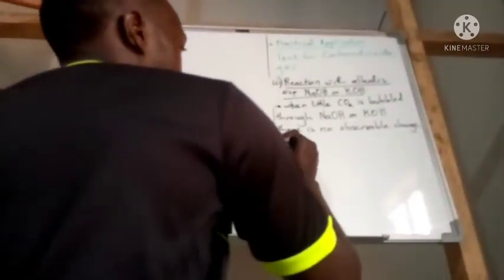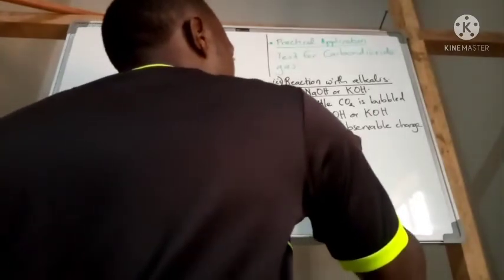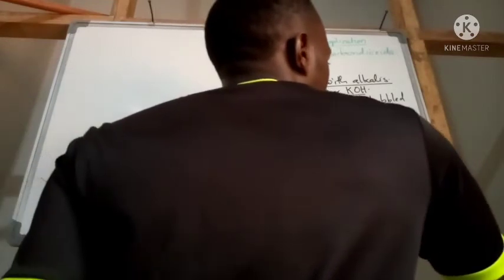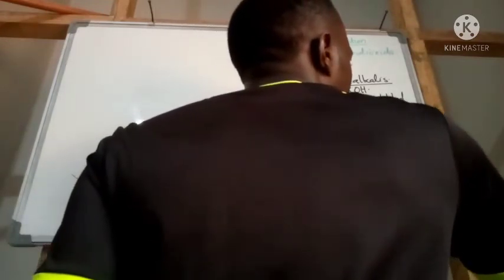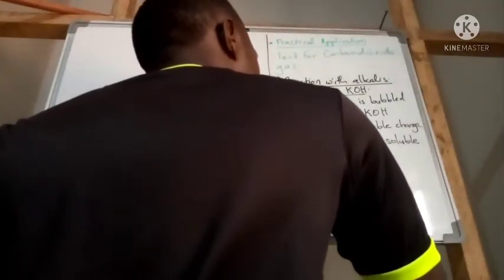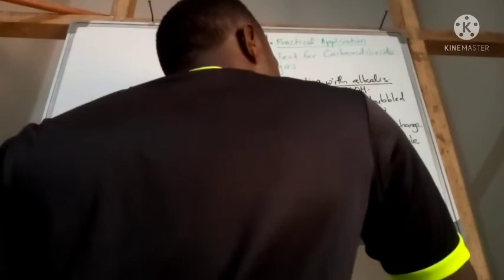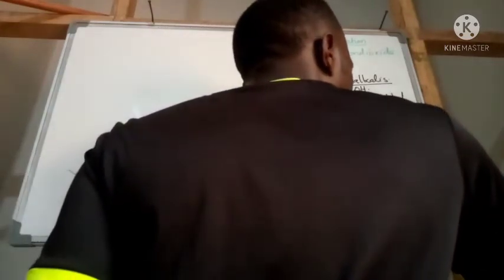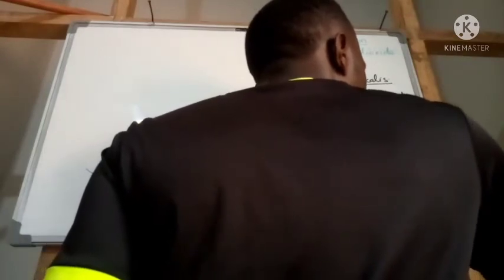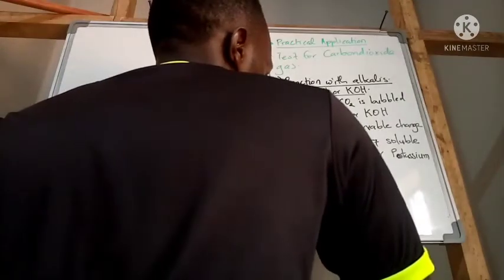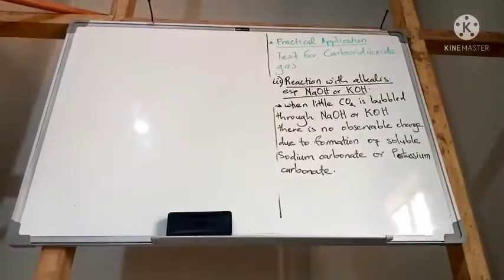Why no observable change? Due to formation of soluble sodium carbonate. If it is not sodium, we say it is going to be potassium carbonate. And since those two are soluble, we cannot observe anything.